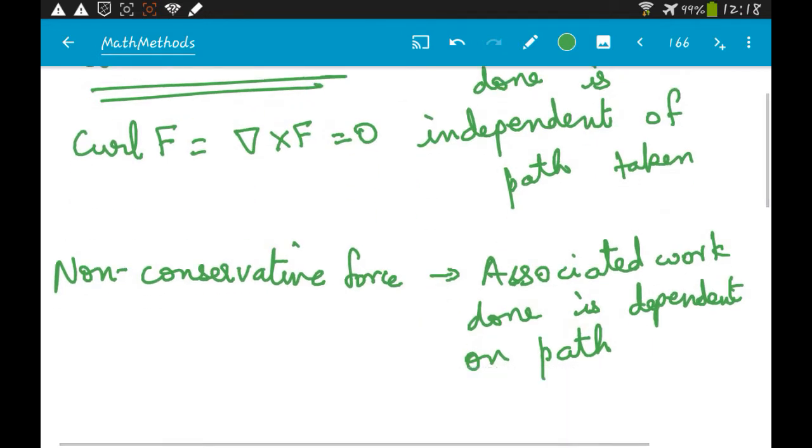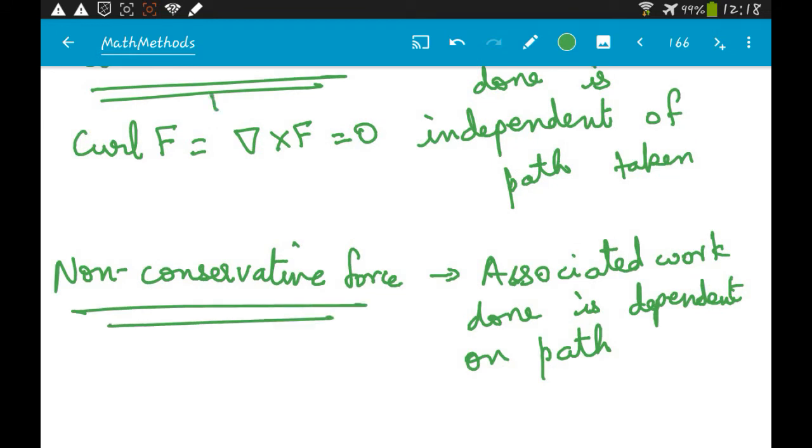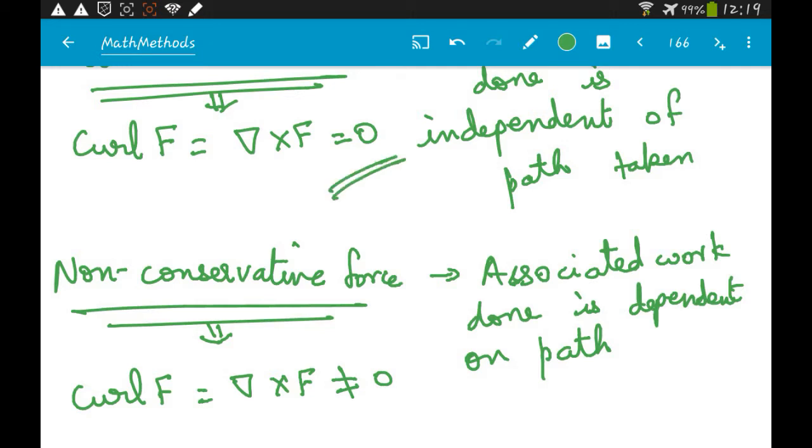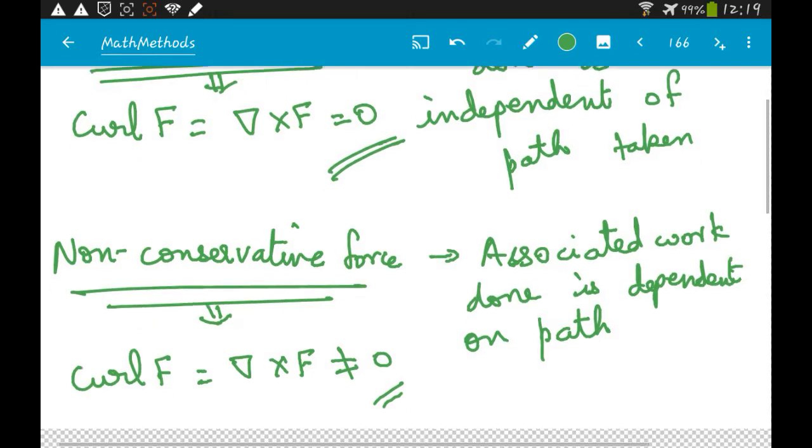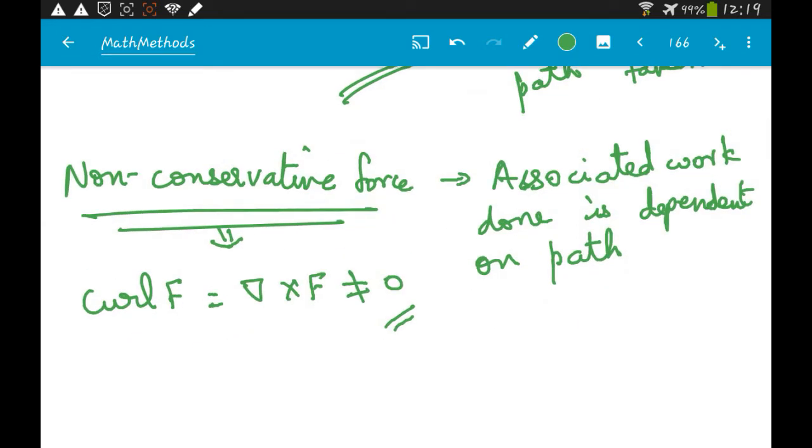And for a non-conservative force we have curl of F, which is del cross F, not equal to 0. So if we have this condition, then we know that the force is conservative, and otherwise the force is non-conservative. This is a necessary and sufficient condition for a force to be conservative or non-conservative.